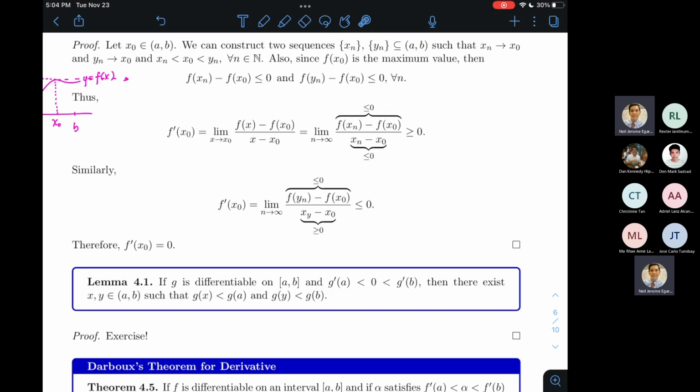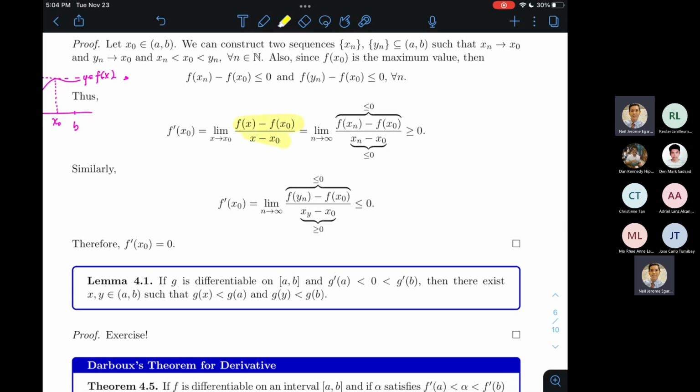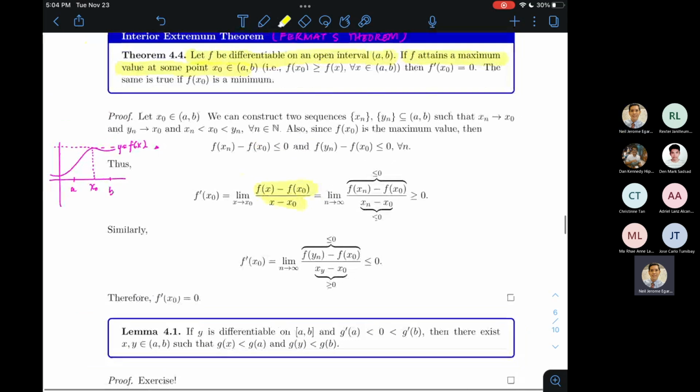Okay? And then now, if we take the limit, kunin natin yung limit ng difference quotient, right? Gusto ko ipakita na yung limit na to ay equal kay 0. Okay? So titingnan ko yung limit of, kasi alam ko si f ay automatically continuous, all right?